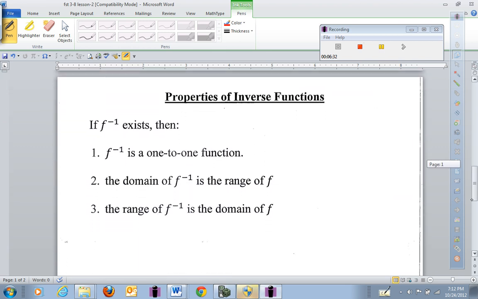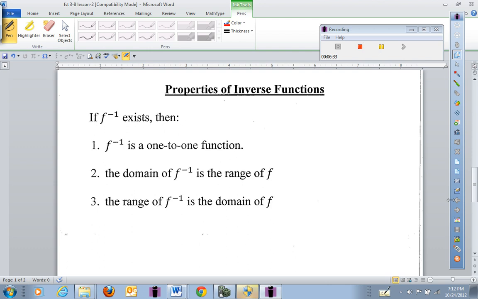Here are some properties of inverse functions. If f inverse exists, then f inverse is a one-to-one function. Okay, so the inverse would pass the horizontal line test. The domain of f inverse is the range of f, and the range of f inverse is the domain of f. And that's because for every ordered pair (x, y), we are switching it to (y, x).